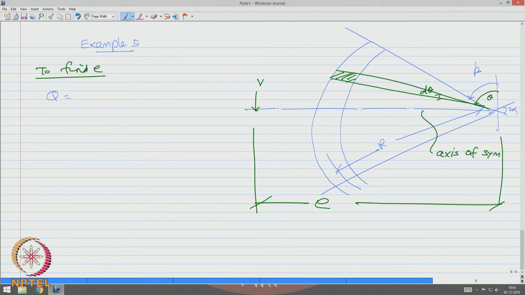We know Q is A y bar, which is actually, prior to that tau is V by I t, varying from beta to theta y dA, because that is my area under consideration, which will be V by I t, beta to theta, r cos theta into r into t d theta.